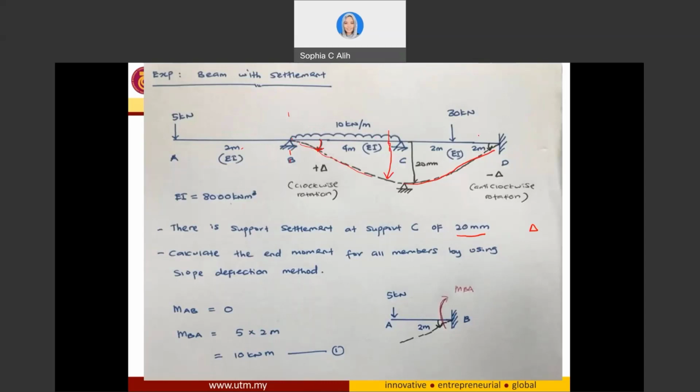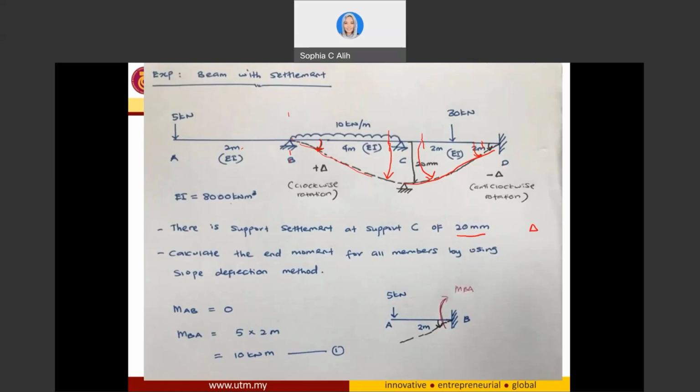However, if I cut it from this and this for the end moment at the end of D, it's going to have a counterclockwise direction, and towards the end of my span CD, it's also going to have a counterclockwise.